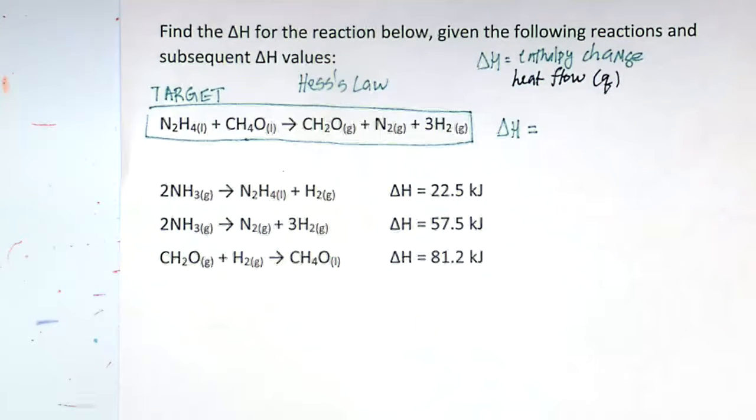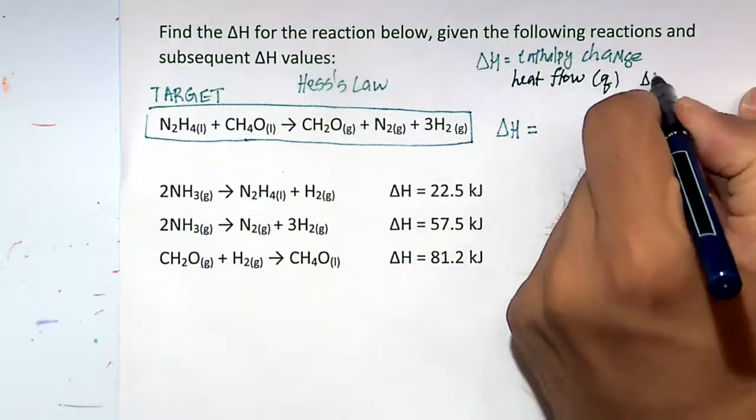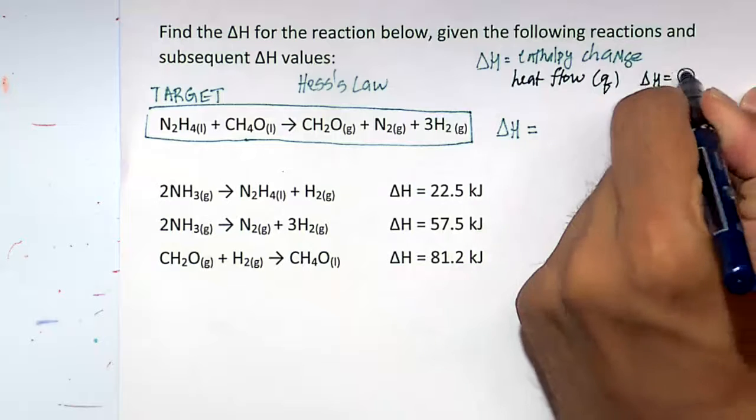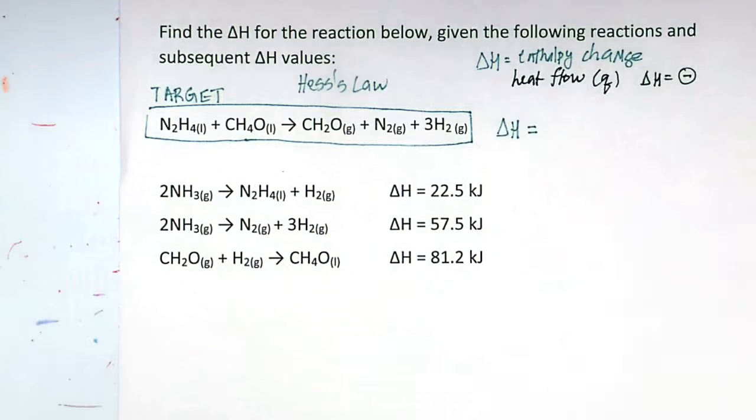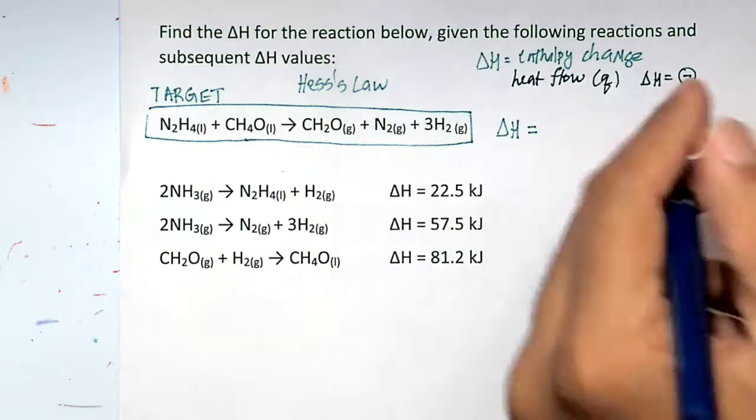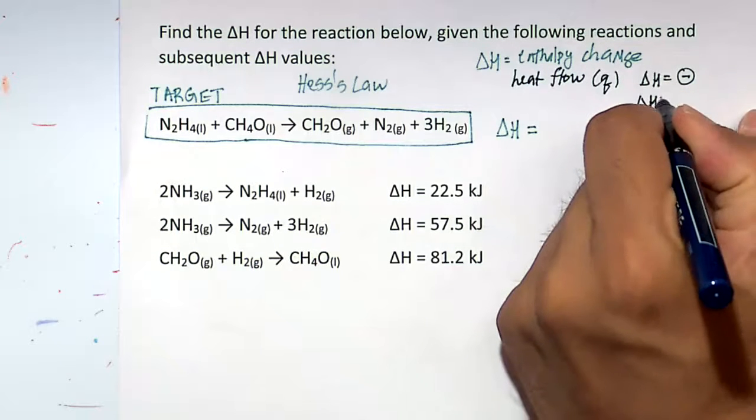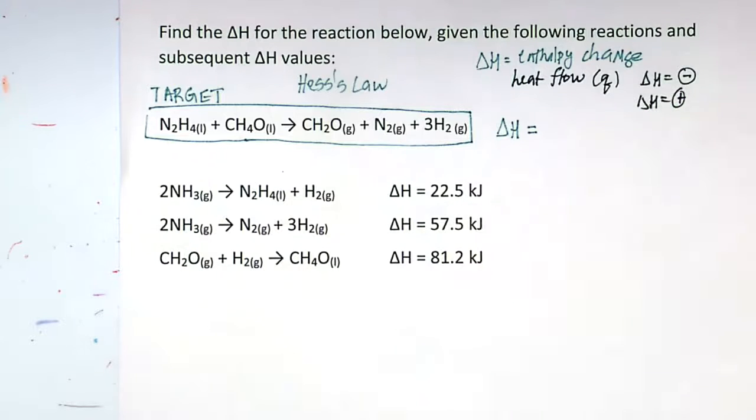So does heat come from the reaction to the beaker, from the beaker to the room, to the universe? Does the heat dissipate like that? In that case, your delta H will have a negative sign. Or does heat, lowercase q, come from the universe to the reaction? In that case, the delta H will be positive.